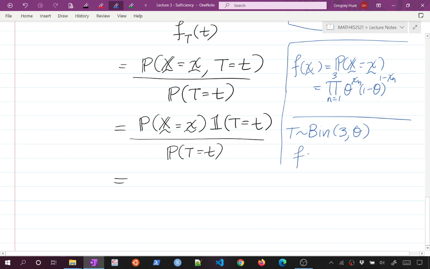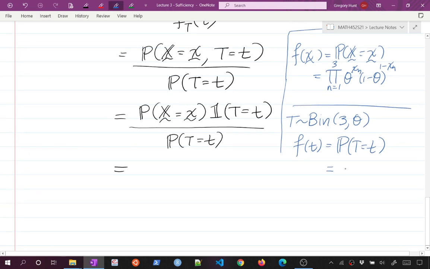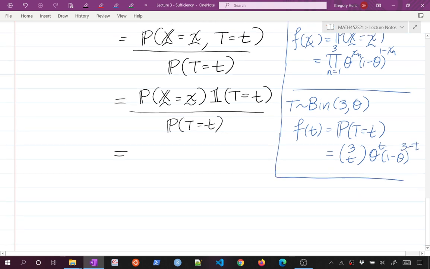So we have that f of t, which is the probability t is equal to little t, is 3 choose t, theta to the t, 1 minus theta to the 3 minus t. That's a binomial distribution.